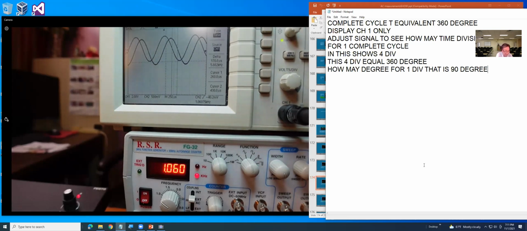So basically, you get the difference. 0.8 times 90 per division. Then the angle, 0.8 times 90, equals around 72 degrees.